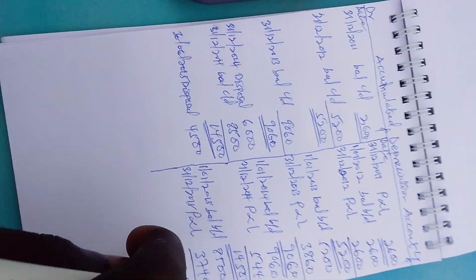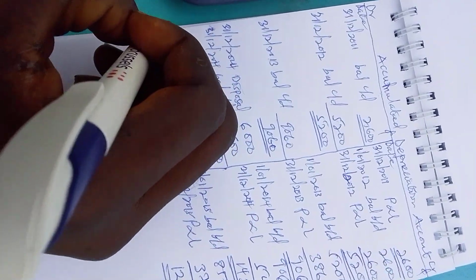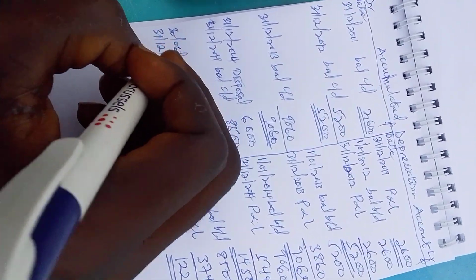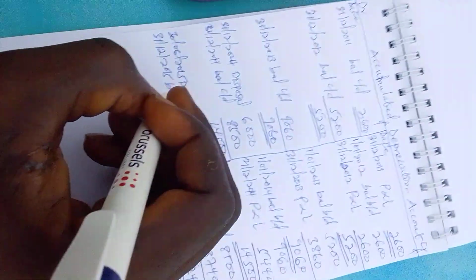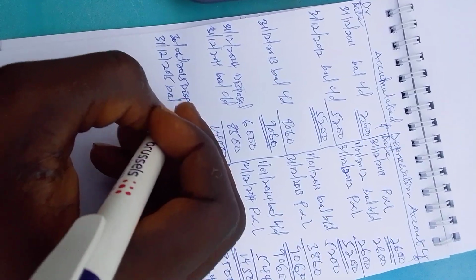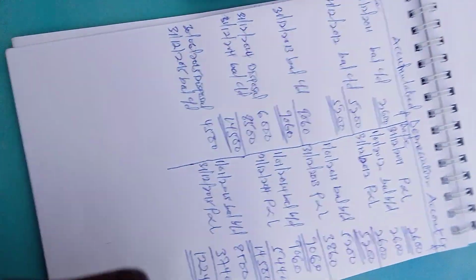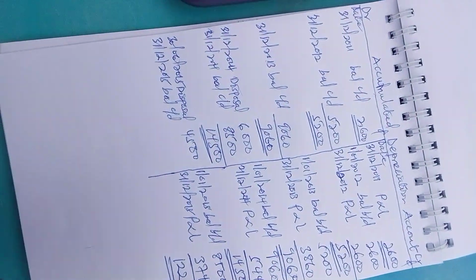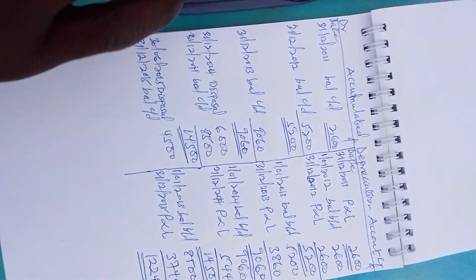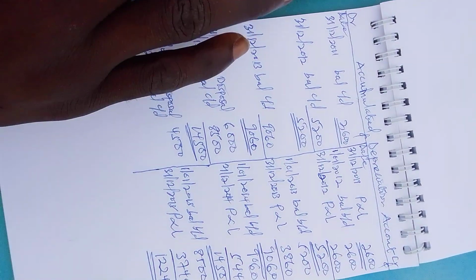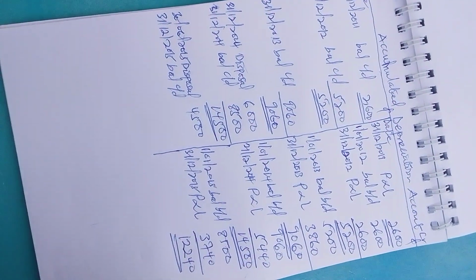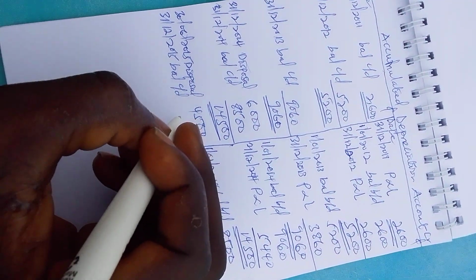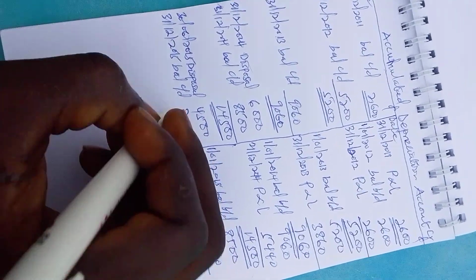And since the credit side is bigger, we have to introduce balance carry down, which will be the difference of this 4,500 and 12,240, which is going to be 7,740.